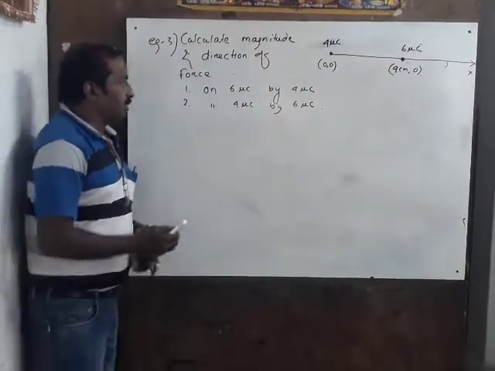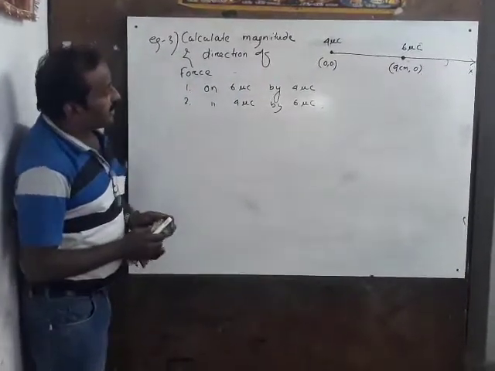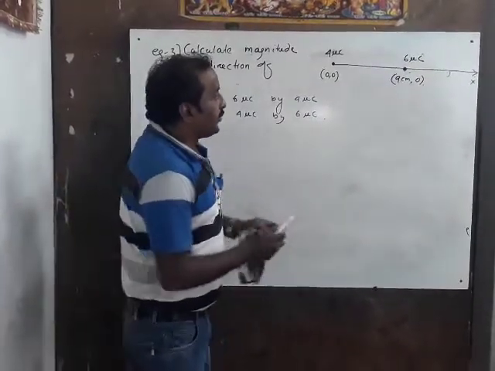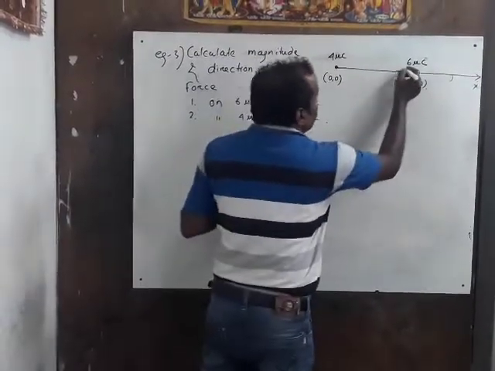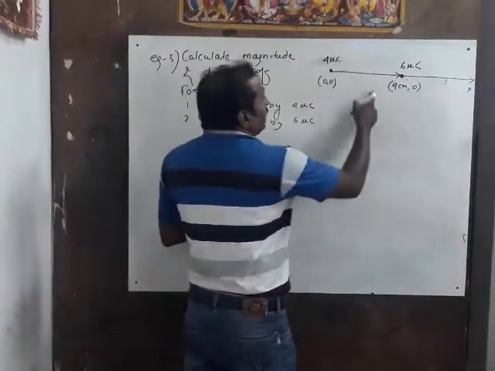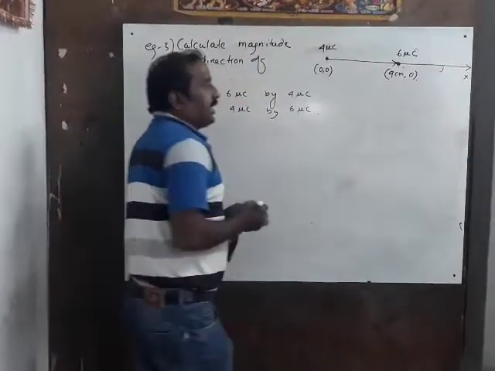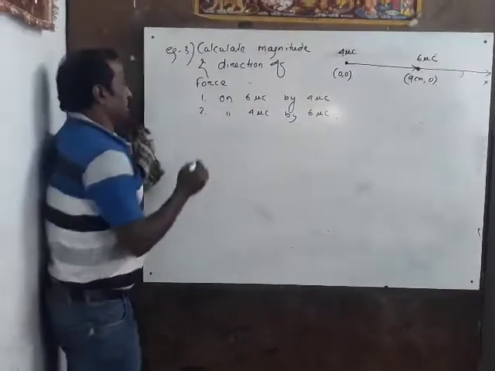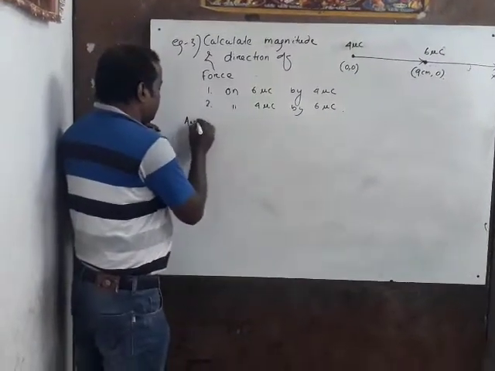Okay, so let's calculate. Now in this figure, both charges are along the x-axis. Obviously, if you take the position vector of 6 microcoulomb, then the unit vector along the x-axis is, let's say, I already, you know about it. Okay, so let's answer. So answer goes like this.